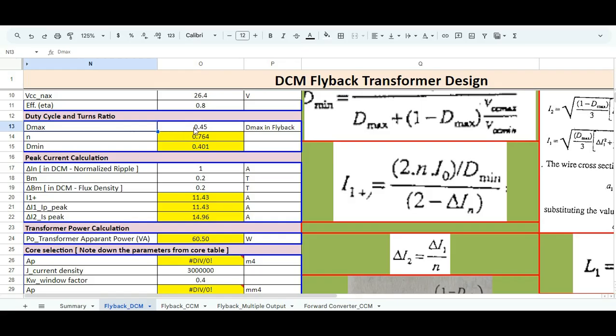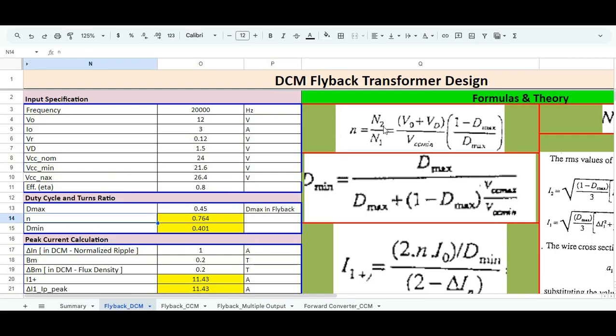I'm considering a 0.45 duty cycle, so that I have enough core reset time. Now N is the turns ratio, and I'm calculating it using this formula. N is N2 divided by N1, and is given by V output plus output diode drop, divided by V input minimum, multiplied by 1 minus D max divided by D max.